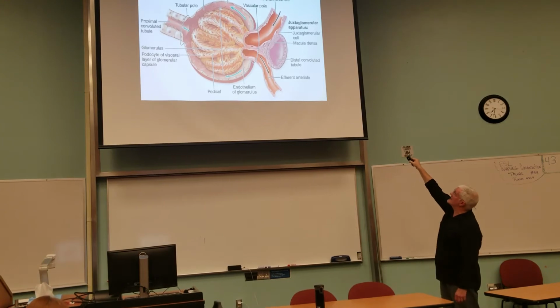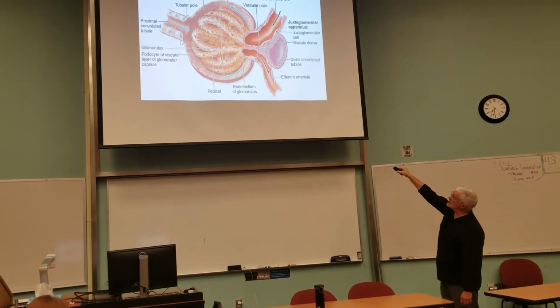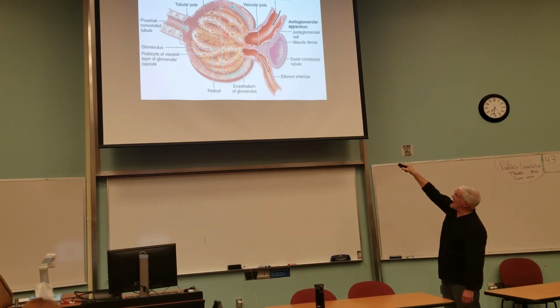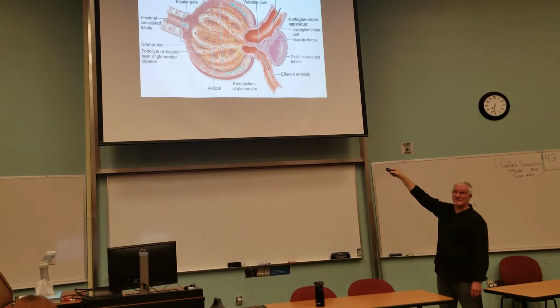That blood's going to come in, get filtered and fill up this space around the capillary bed, and then exit through this little tube over here. Whatever didn't get filtered ends up coming out through the other end.